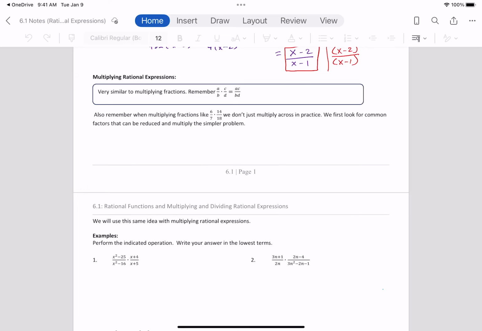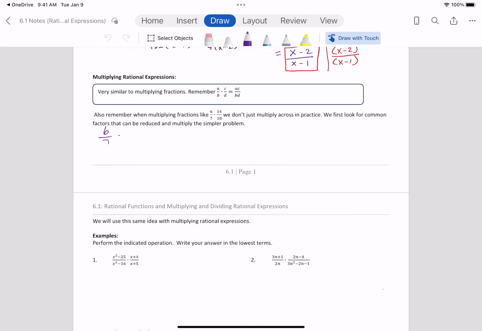But also remember, when multiplying fractions like 6 over 7 times 14 over 18, we don't just multiply across in practice. So what we normally do is first look for any common factors that can be reduced and then multiply the simpler problem. So if I have 6 over 7 times 14 over 18, let's write 14 as 2 times 7, and 18 as 3 times 6.